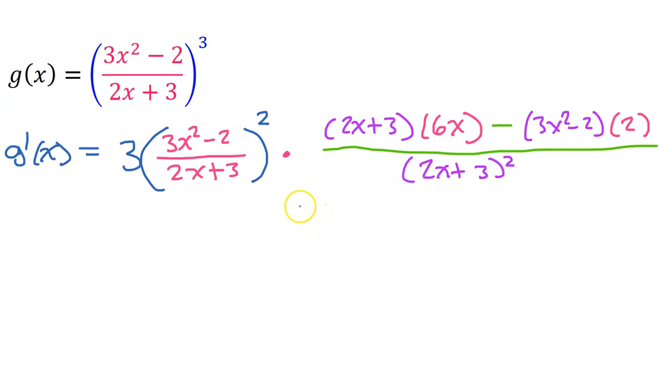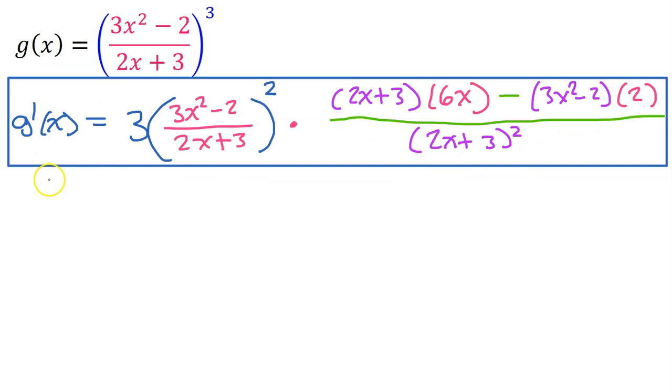Okay, so that was a lot, but just to review, first we did the derivative of the outer function, shown here in blue. So we put the 3 in the front, and we reduced the power to a 2. Then we multiplied by the derivative of the inner function, which is what you see over here with the quotient rule. So guess what?